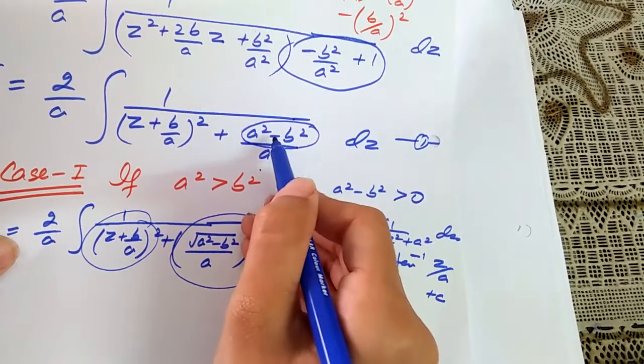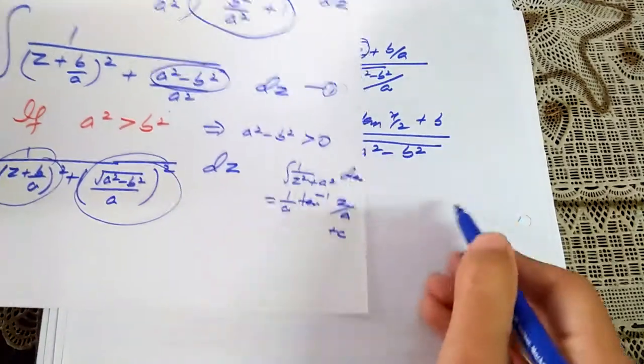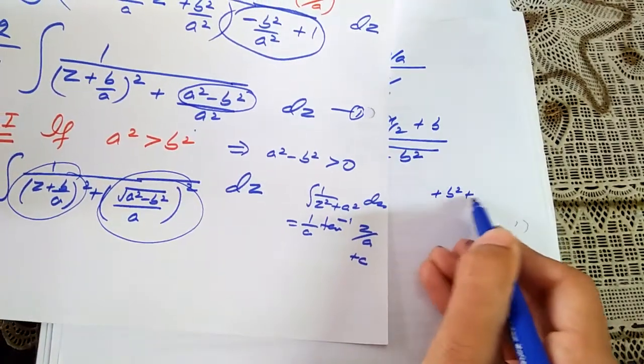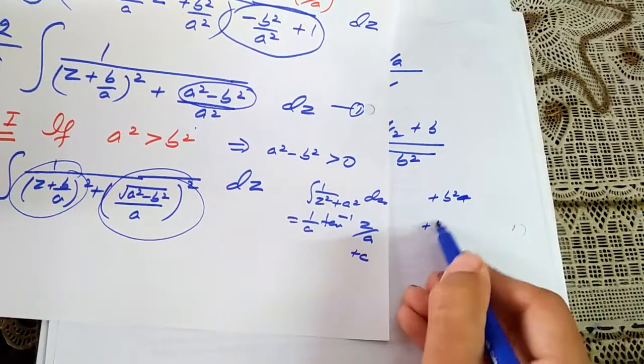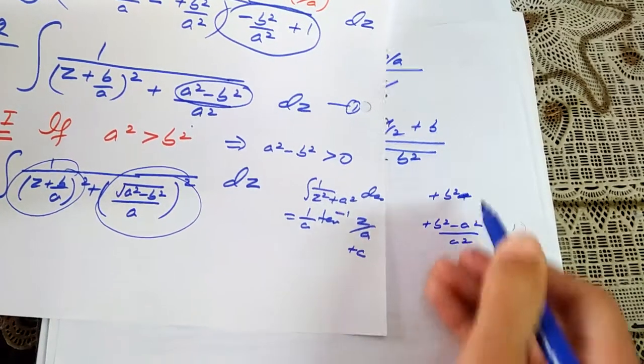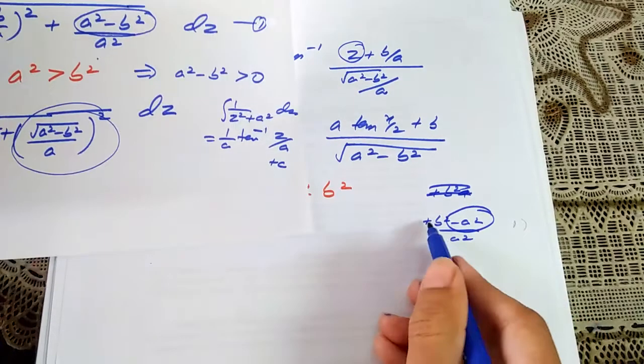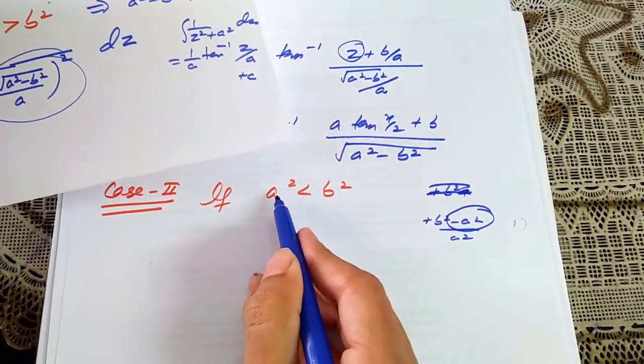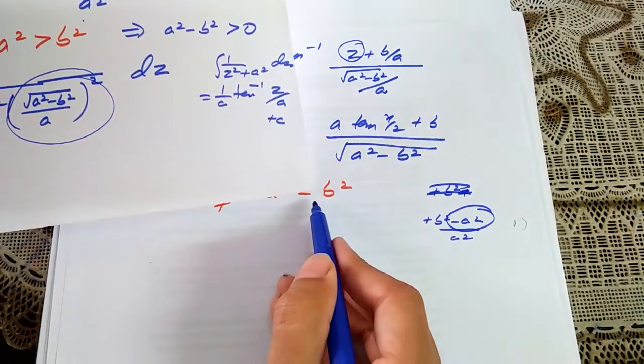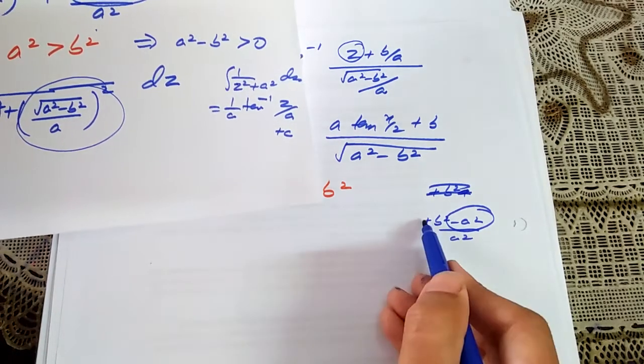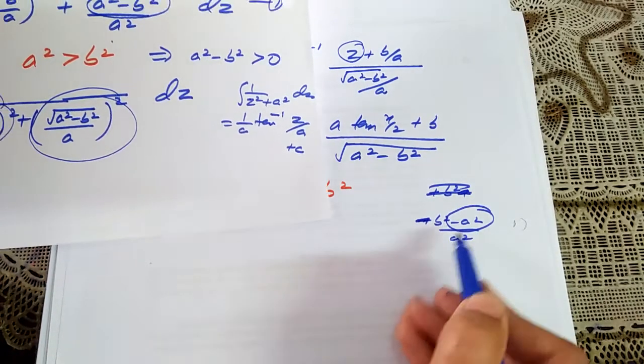So just take the negative sign common. That is, we have here plus b square minus a square over a square. Now this term is making the whole thing negative because I have said that a square is less than b square. So this will be negative times b square minus a square now.